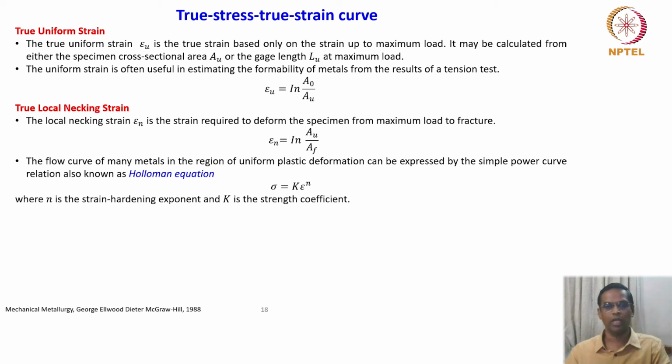So one can take any empirical relation according to the material with which you are working, and then try to estimate all these parameters one by one. A couple of them we will show in this course.